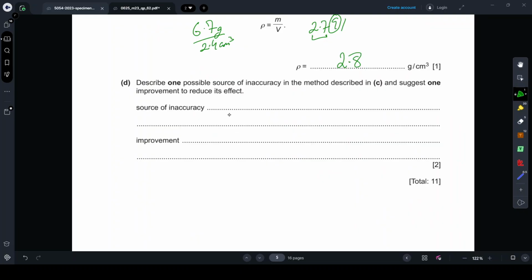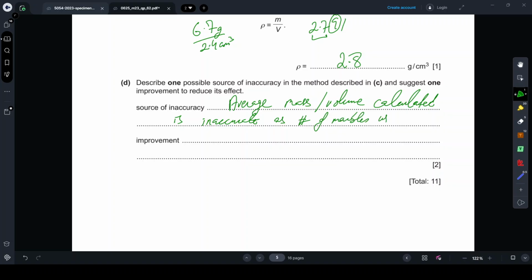So, maybe the average mass or volume calculated is inaccurate, as the number of marbles used is less, and so use a greater number.